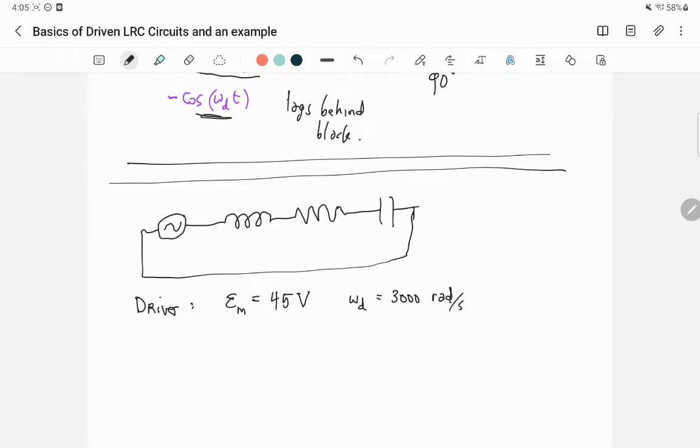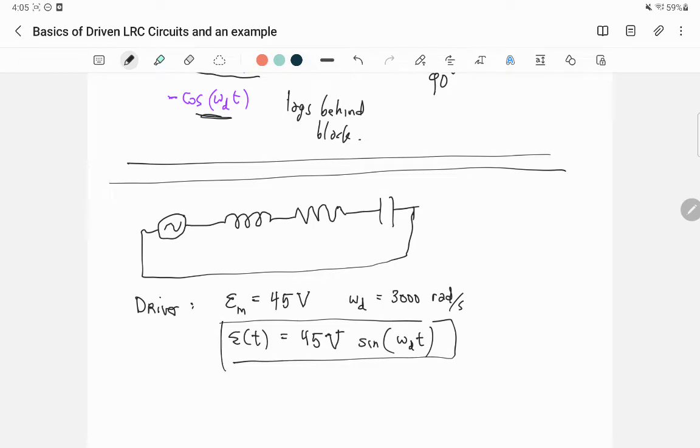So this is all the details about the driver, and the only other thing to do is to write down the functional form of the driver's time dependence, right? So this is how the driver works. Well, you just put in this 3,000 radians per second for that number there, right? With the amplitude 45 volts.